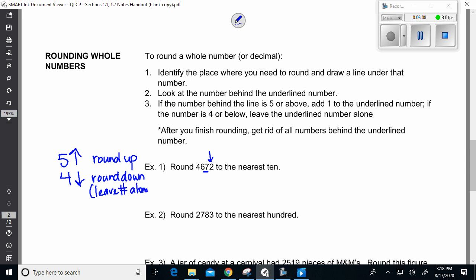So since it's a 2, this number will round to 4,670. After you finish rounding, you get rid of all the numbers behind the underlined number. Put a 0. So that's where you're putting zeros.